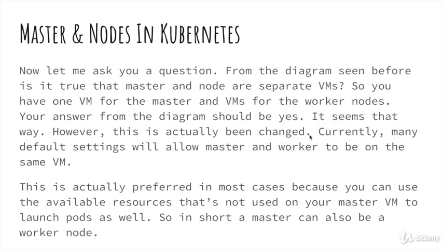It seems that way. However, this is actually being changed. Currently, many default settings will allow master and worker to be on the same VM. This is actually preferred in most cases because you can use the available resources that's not used on your master VM to launch pods as well. So in short, a master can also be a worker node.